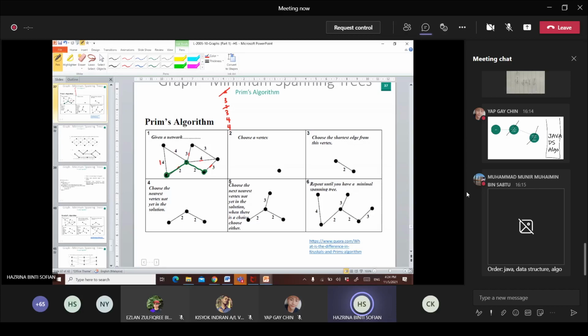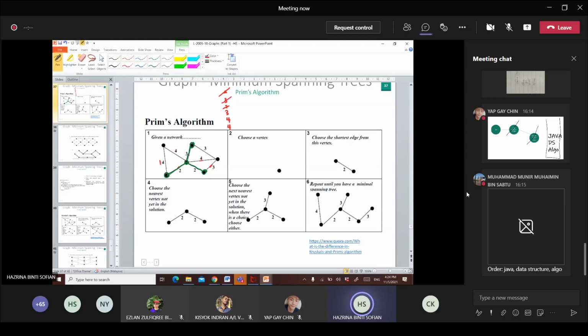For Prim's algorithm, you can choose either one. Okay, so we are up to here now. So in this, they choose this particular 3. So it will go to 3.